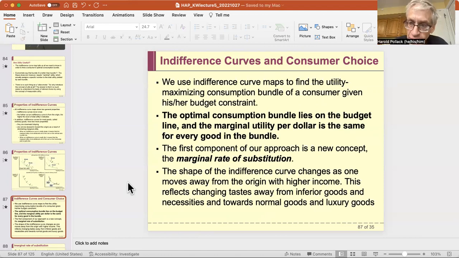So we use indifference curve maps to find utility maximizing consumption bundles. The optimal consumption bundle lies on the budget line. I'm spending all my money. That's what that says. And the marginal utility per dollar spent is the same for every good in the bundle. So if bagels cost half of what a book costs, boy, my last book should give me twice the pleasure of my last bagel, because that last book cost me twice as much.